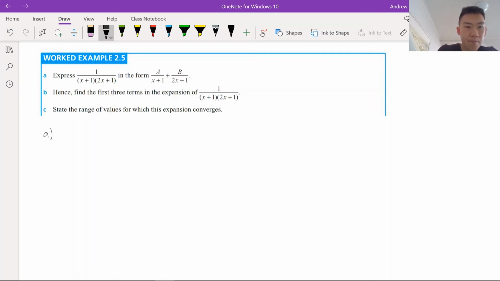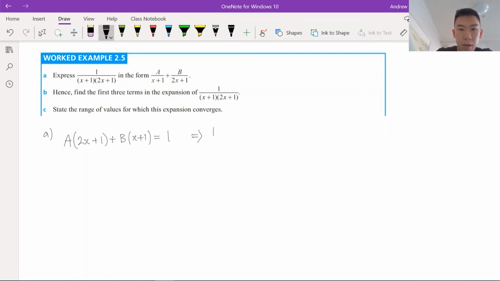So let's equate the numerators. If we start with A outside of (2x + 1) plus B outside of (x + 1), that should equal 1. Now let's find A and B.